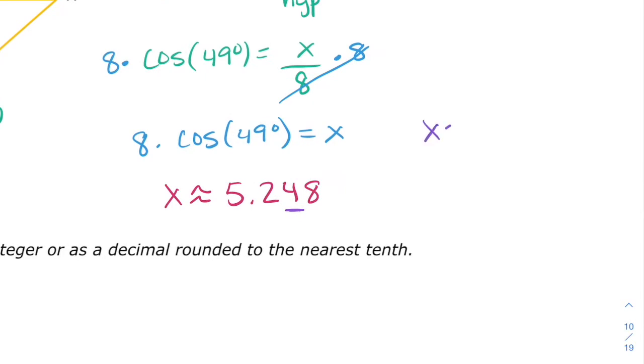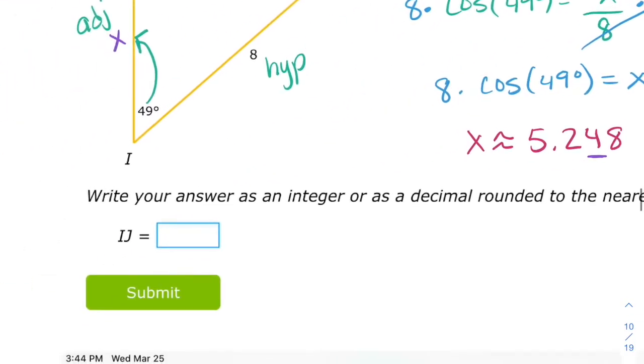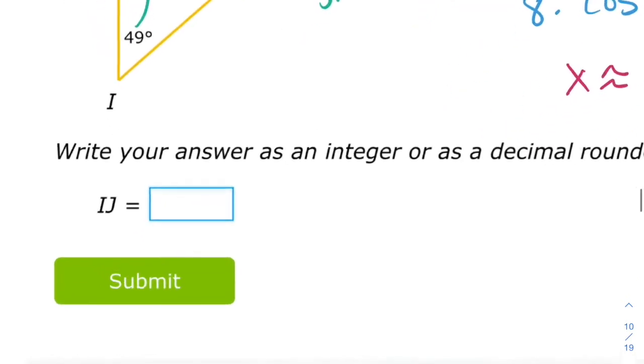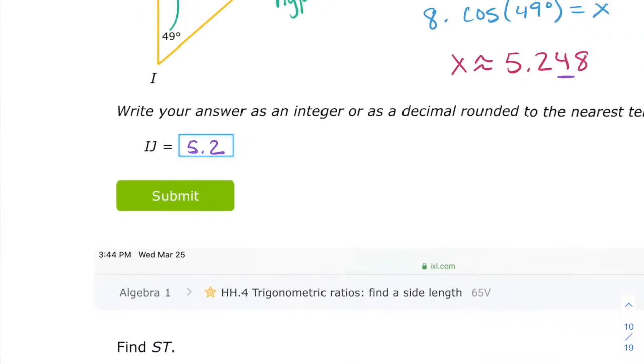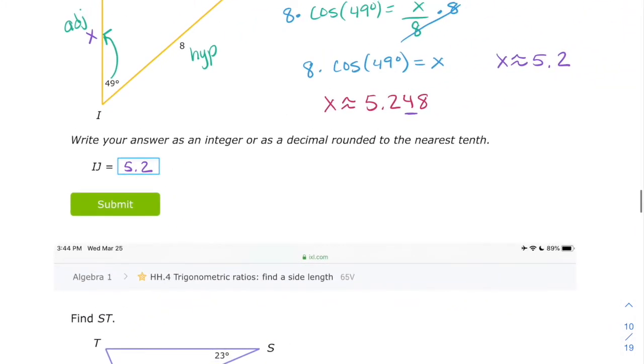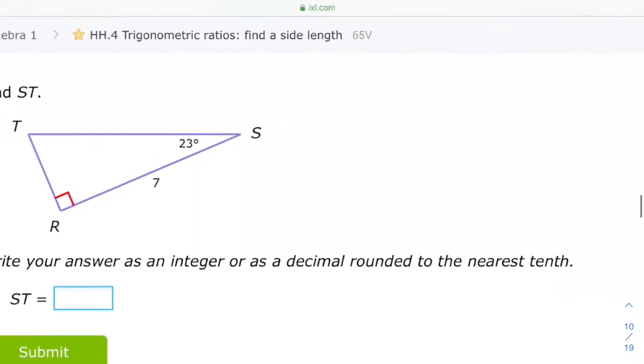So go to your 100th place, and this one is going to actually round off because the 4 will not round up. Okay, so 5.2. Good, good. Another cosine one, this one a little bit more difficult.